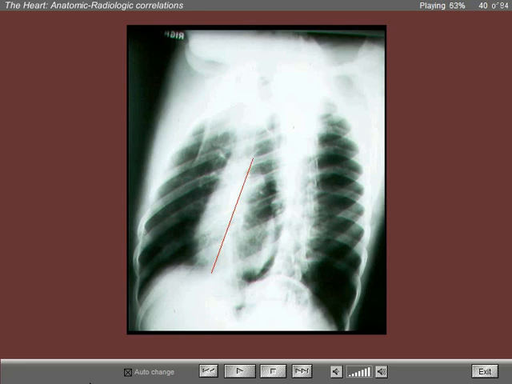When the heart grows at the expense of the right heart chambers, then the ventral part would appear larger than the dorsal part, and conversely, when there is a left heart chamber enlargement, the area of the heart dorsal to this plane increases.